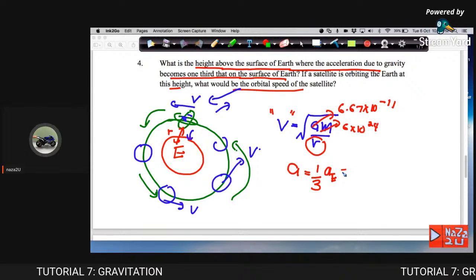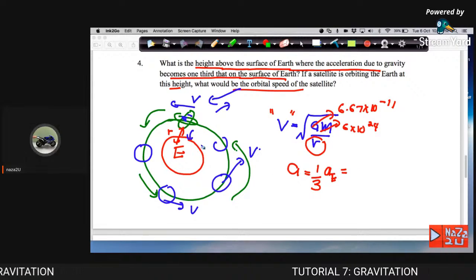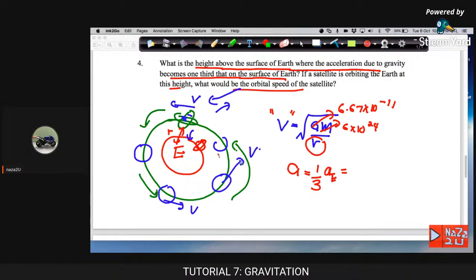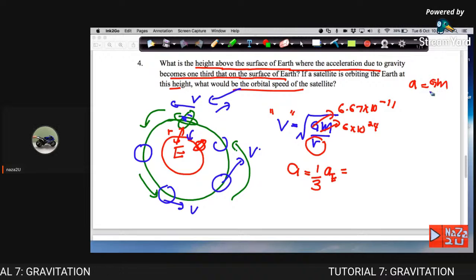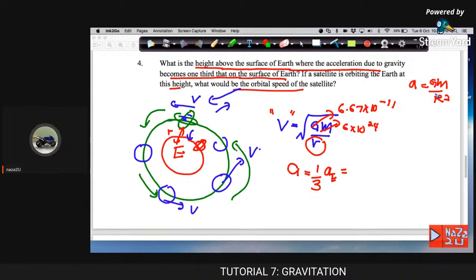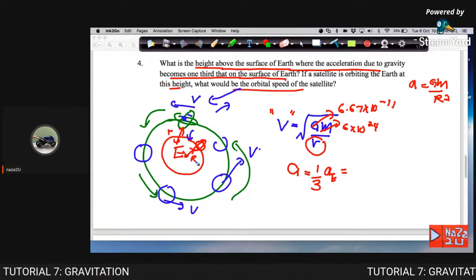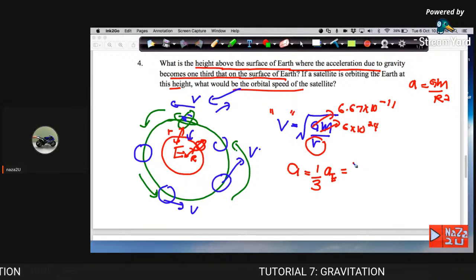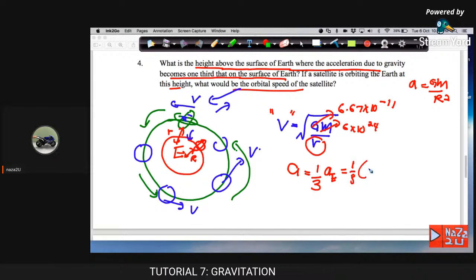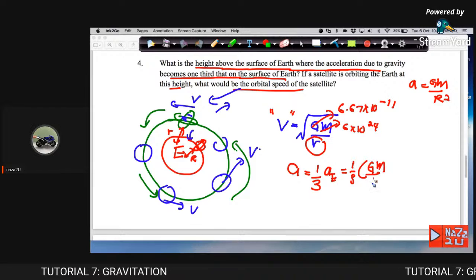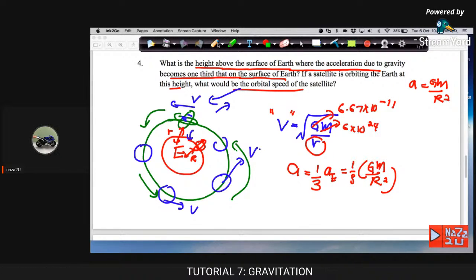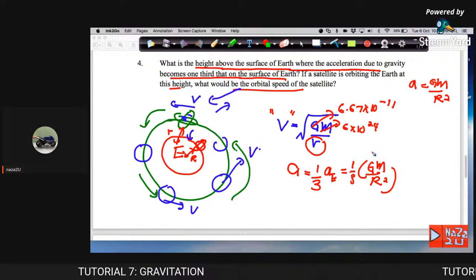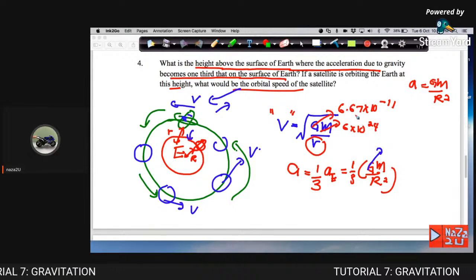Right? So kita tahu kalau di bumi, kalau satelit itu berada di bumi sebelum naik, so kita tahu A kita adalah Gm over R square. So dia pakai jejari bumi kerana dia berada di bumi. This is R, radius of the earth. So this is 1/3. This is Gm over R square. Yang ni 1/3 daripada, this is satelit berada di bumi. And now G is constant. Sama juga sini 6.67.